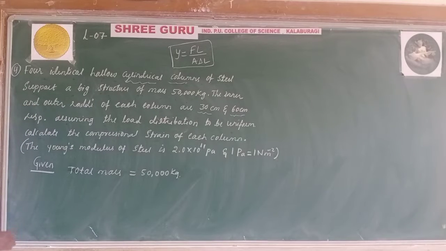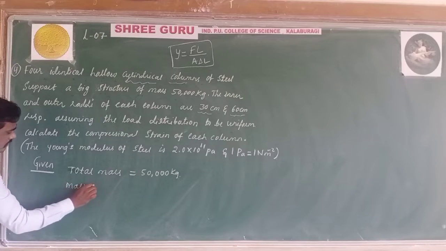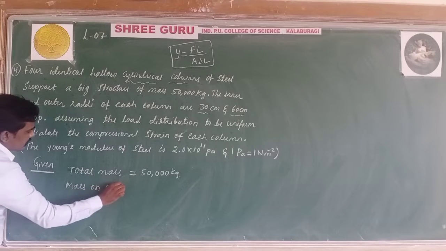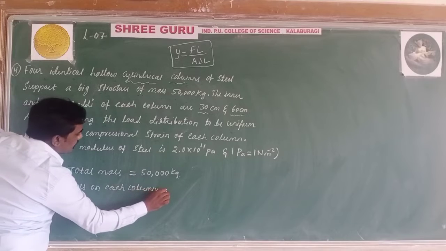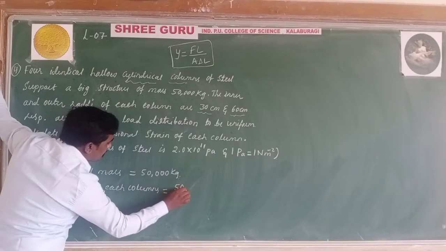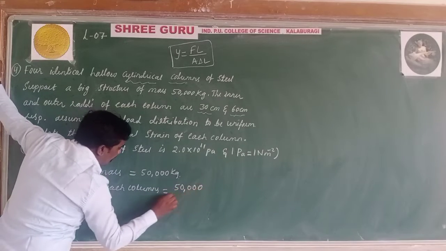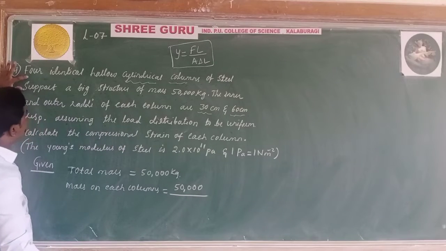Okay. Now this mass is distributed over each cylindrical column, so we can say the mass on each column: the total mass is 50,000, and how many columns are there? 4.